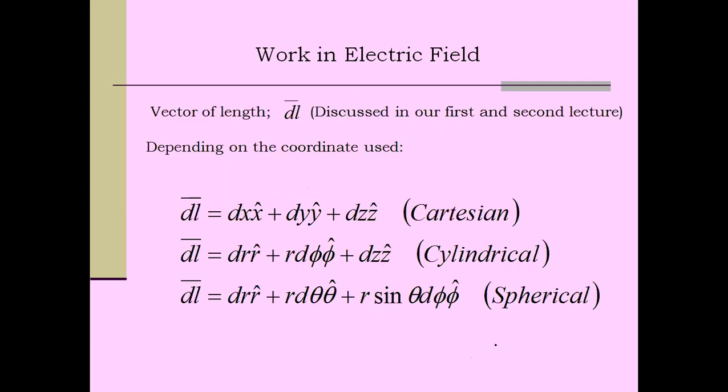So from the equations that we have defined just now, if I can rewrite it for you here, W will be equal to the integration of negative QE dot dl, from the initial point to the end point. The dl here depends on the coordinate system used, and we have learned this in lecture 2, chapter 1 of EMT, in the revision part, where dl is defined like this for Cartesian, like this for cylindrical, and like this for spherical.